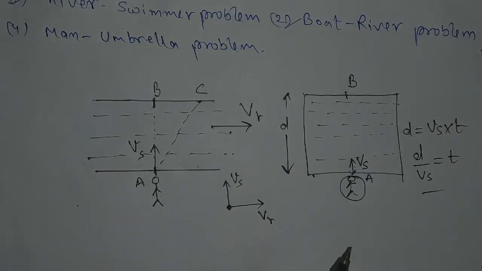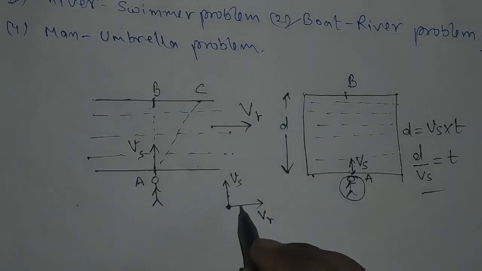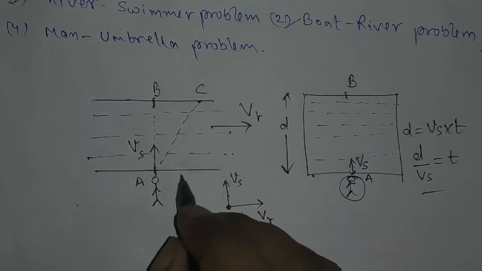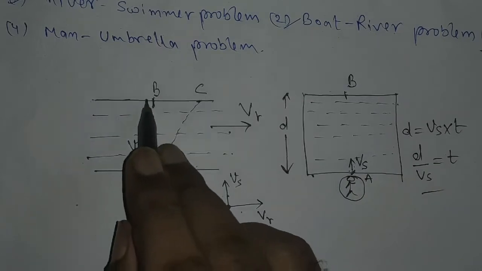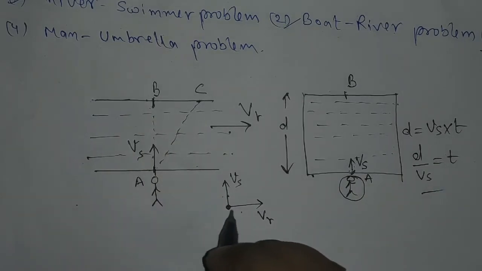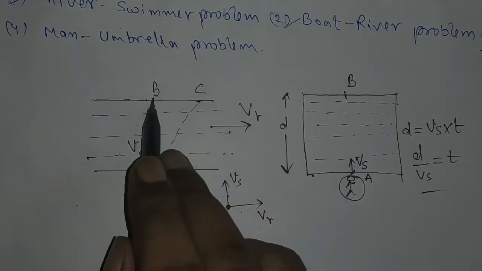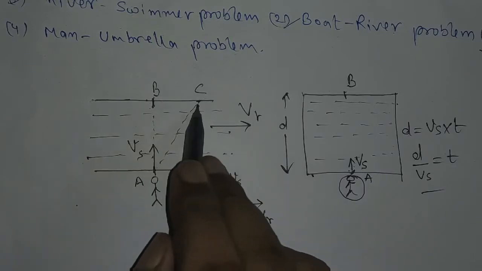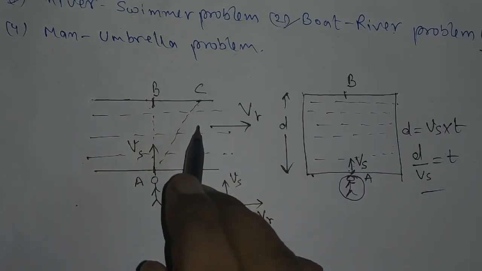One is drifting him from B to C and one is helping him reach the other bank. Vertical motion he will do with this velocity and horizontal motion he will do with this velocity. I mean to say, with velocity Vs he will travel the distance AB and with velocity Vr he will travel the distance BC. This thing you will have to keep in your mind.